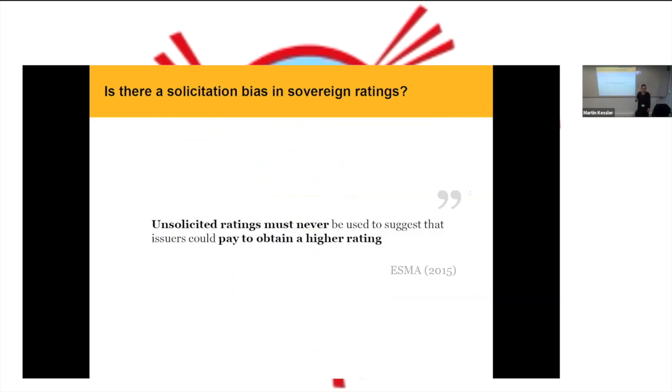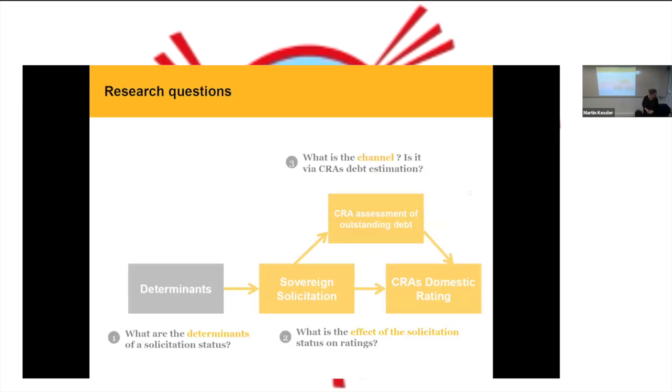The European regulator of credit rating agencies, ESMA, based in Paris, is also looking at this issue and says that unsolicited ratings, the ones we do not pay for, should never be used, in order not to suggest that issuers could pay to obtain a higher rating. So there is a debate on whether you can pay to obtain a higher rating or not.